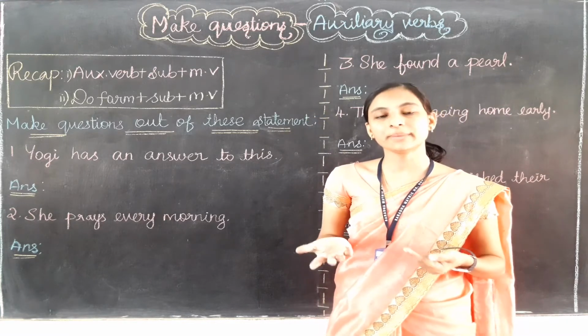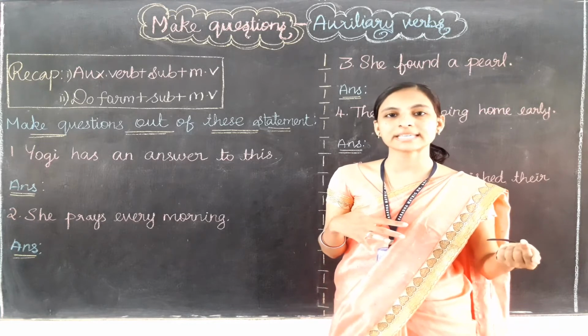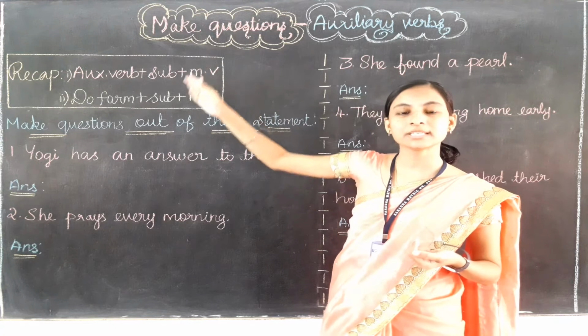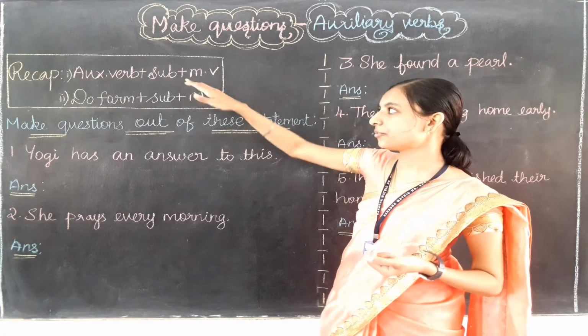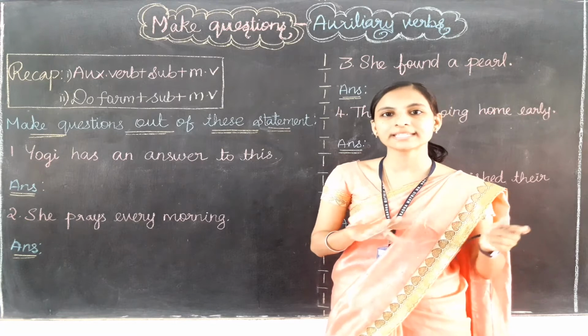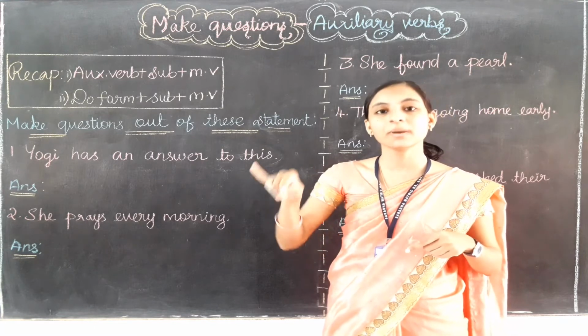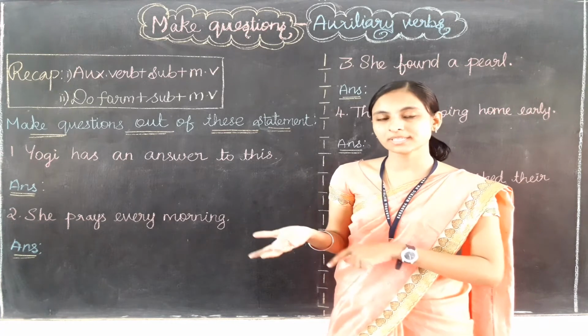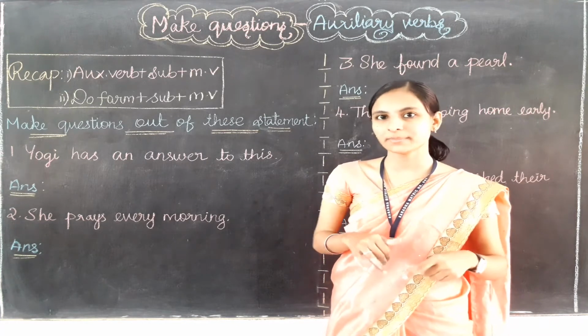So how can we make a question with the usage of an auxiliary verb? Yes, we can make questions by using these two rules. In the first rule, this first rule is applicable only to the sentence which has an auxiliary verb as well as the main verb. When the auxiliary verb comes in a sentence, it always comes with the main verb only.